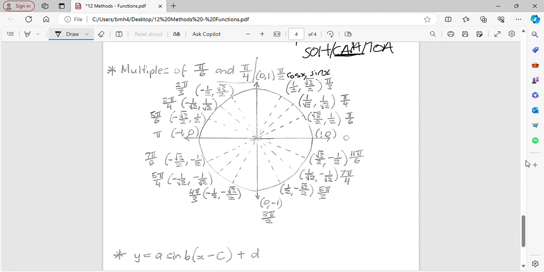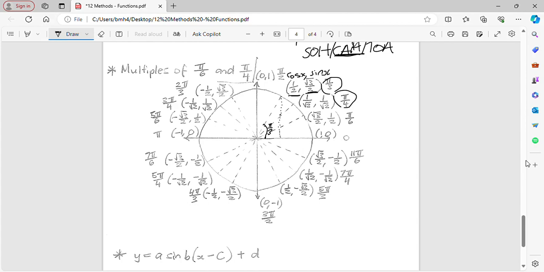So say we're looking at this one here, where this angle is pi on 3. These represent the angles. So cosine of pi on 3 radians is equal to 1/2. Sine of pi on 3 radians is equal to root 3 on 2.